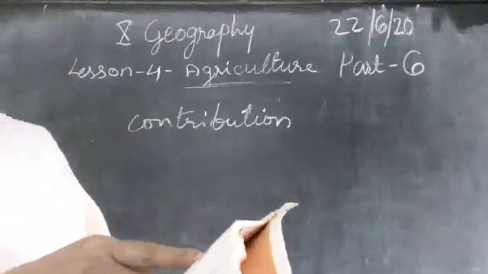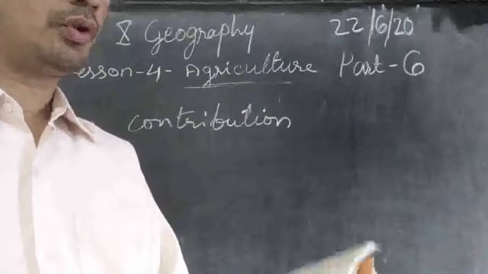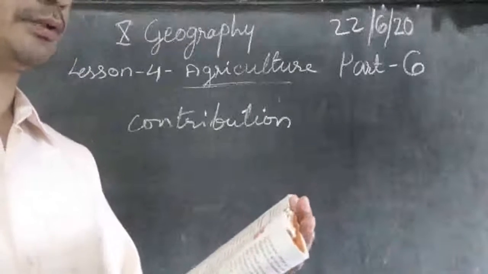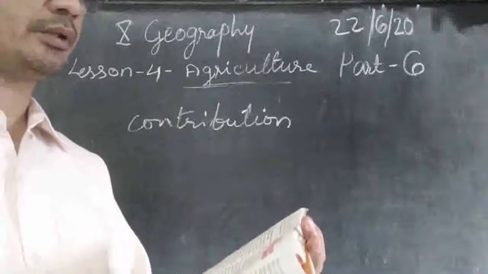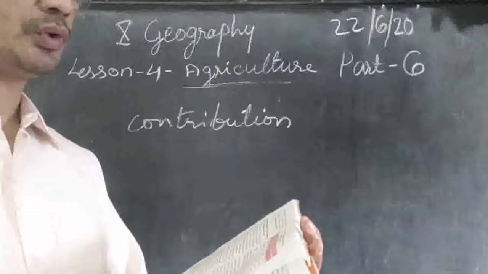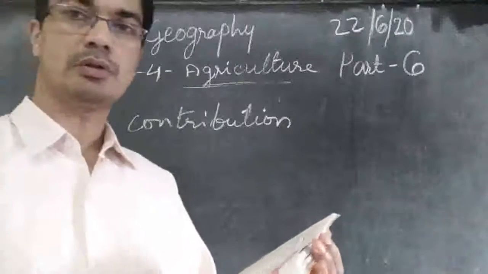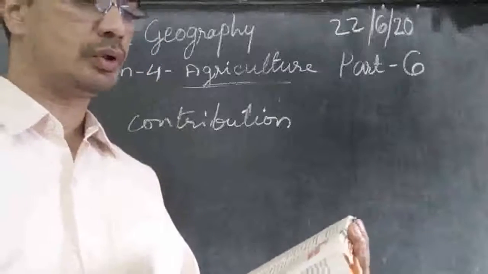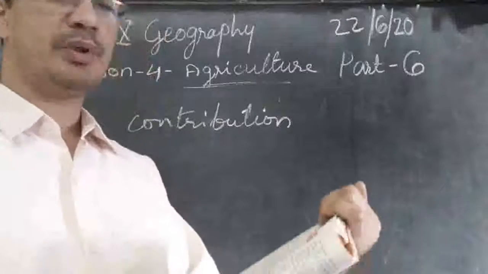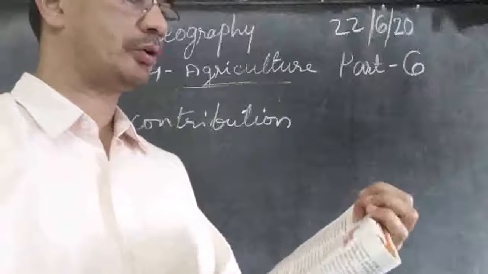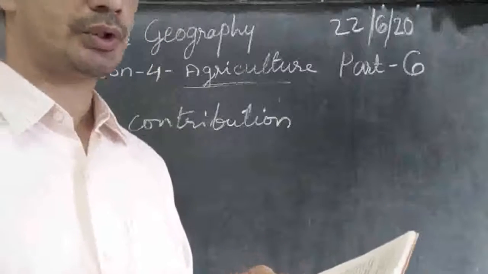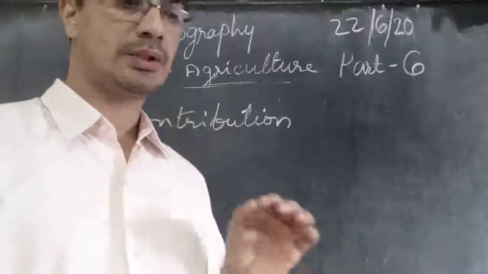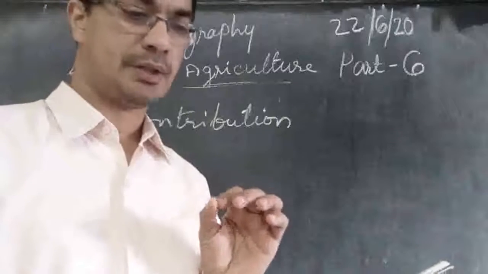So how much are they contributing? It is given for different years: 2002 to 2007, then 2007 to 2012 and 2012 to 2017. Up to 17 it is given how much is the GDP growth rate. So in the year 2002 to 7, agriculture contribution was 1.7.